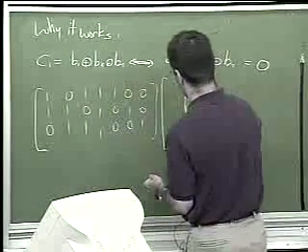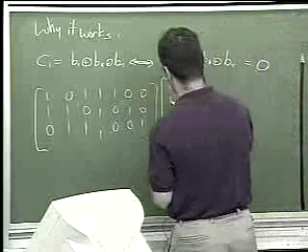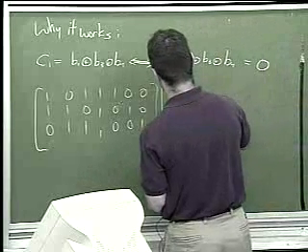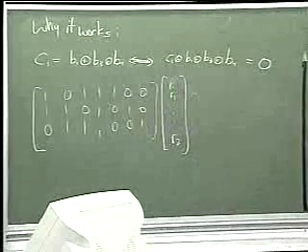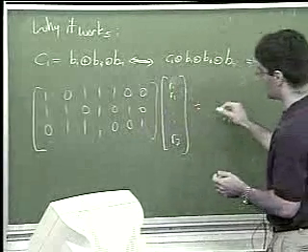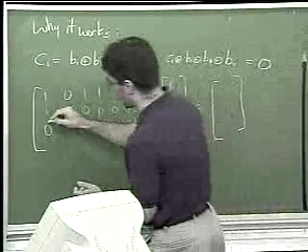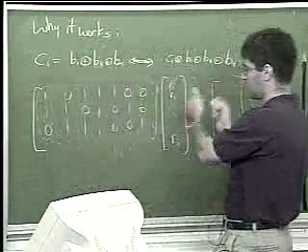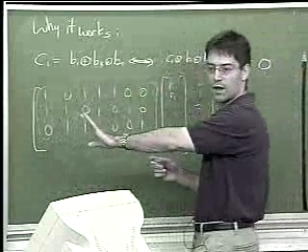Okay, and I've got R1, R2, up to R7. Another way to look at how I compute the syndrome is, if R1's a 1, I'm going to add this column to the syndrome, and if it's a 0, I just don't add in that column.